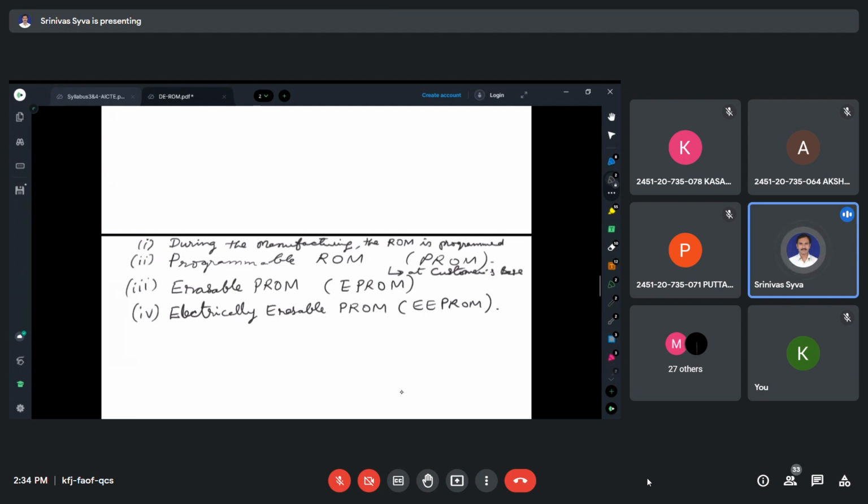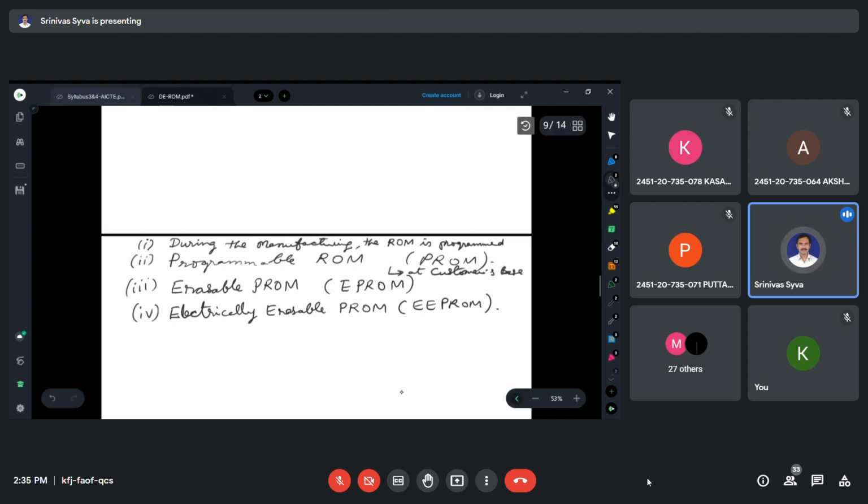Once a bit pattern is established, generally it cannot be reversed, but it can be reversed by exposing the PROM to ultraviolet light. So the bit pattern can be erased. Those are known as erasable programmable read-only memory.